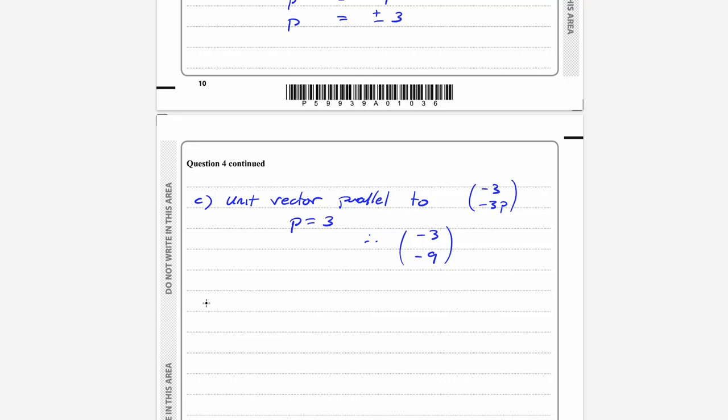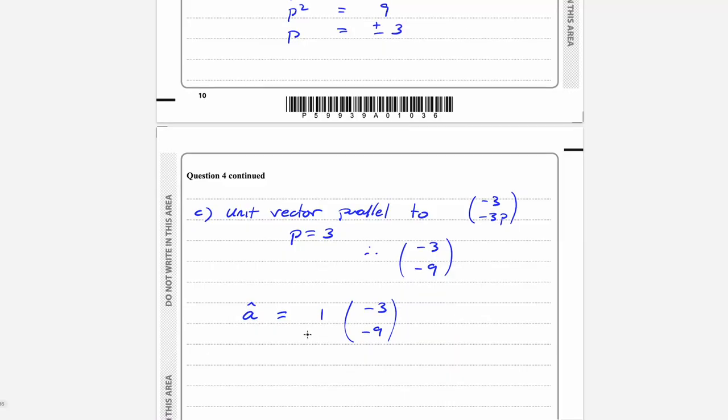The unit vector is sometimes called a hat, guys. A hat on the vector is equal to the vector negative 3, negative 9 times 1 over the magnitude. Now the magnitude we know to be 3 root 10, so it's 1 over 3 root 10 times this.